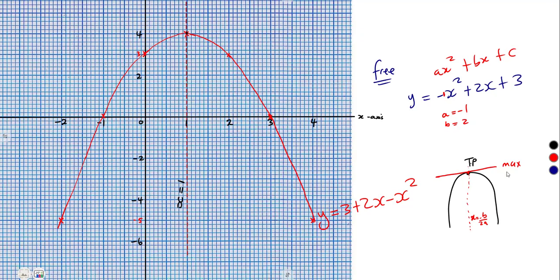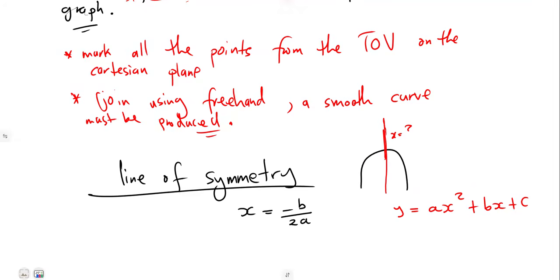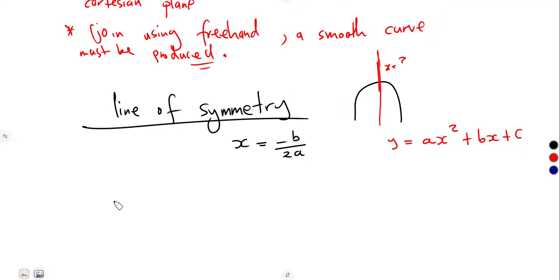And that y value is the maximum value according to the shape that we are having here. So where x is 1 at the turning point, that is the condition. So here you use that concept for the turning points.